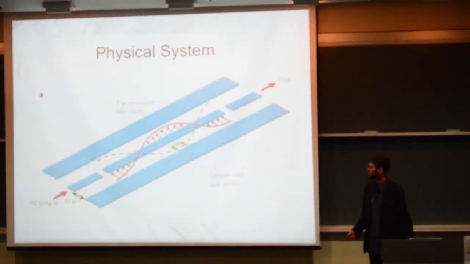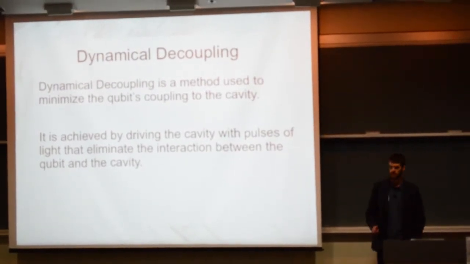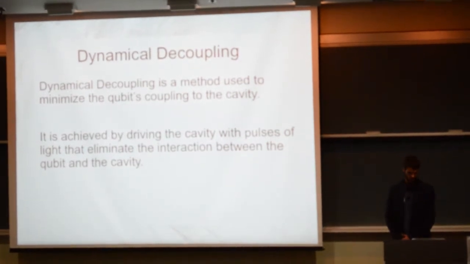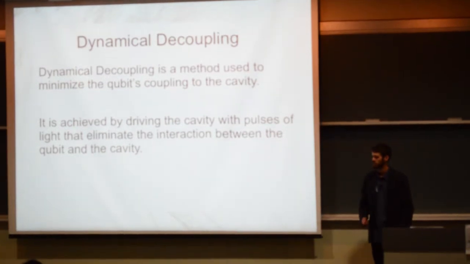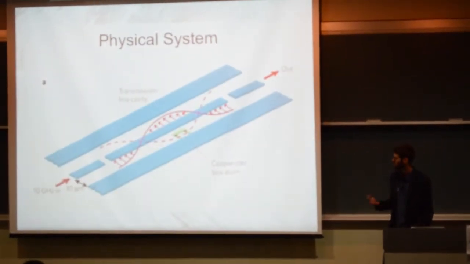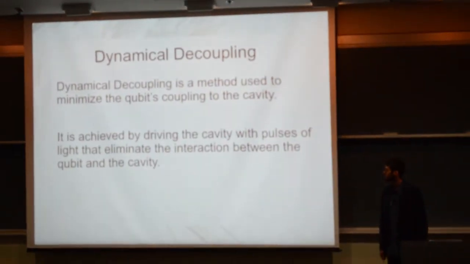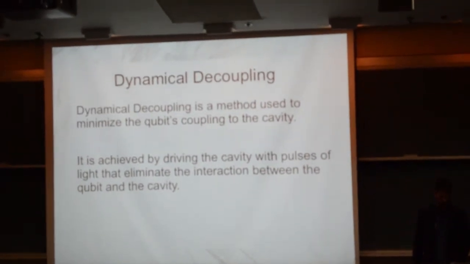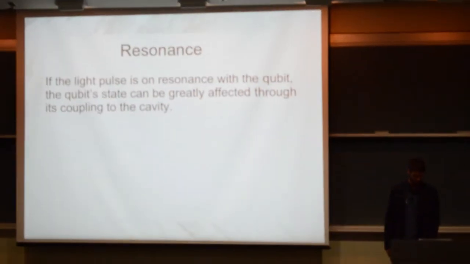So there's this method called dynamical decoupling, which is used to minimize this coupling with the cavity. It is achieved by driving the cavity with pulses of light. In the case of the system I showed you here, it's microwave radiation. If the pulses of light are just right, they will eliminate the interaction between the qubit and the cavity.